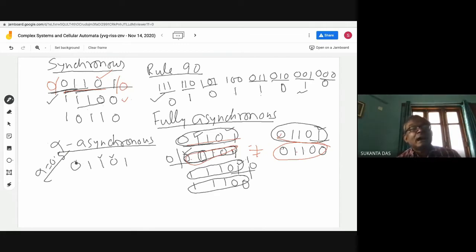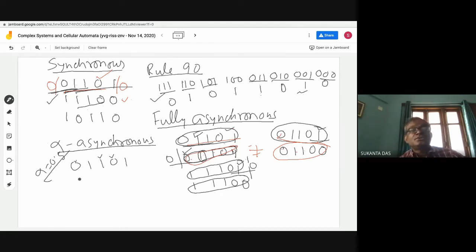A cell updates its state with probability alpha. Here alpha is uniform, right? Although some authors worked with non-uniform alpha, here I'm considering alpha uniform, and all the cells follow the same alpha. And following that, suppose these two cells are selected for update.